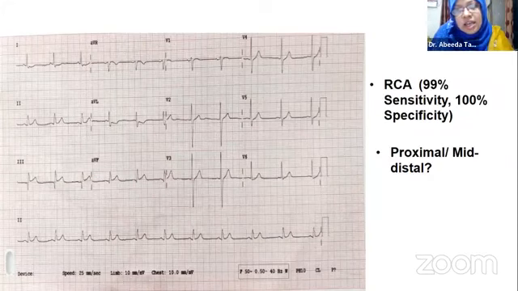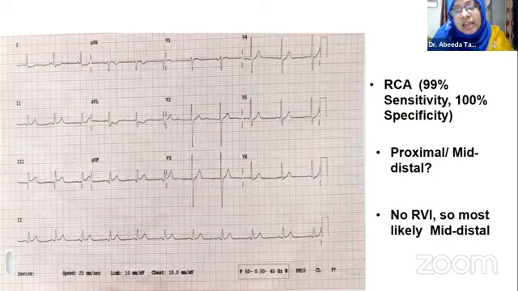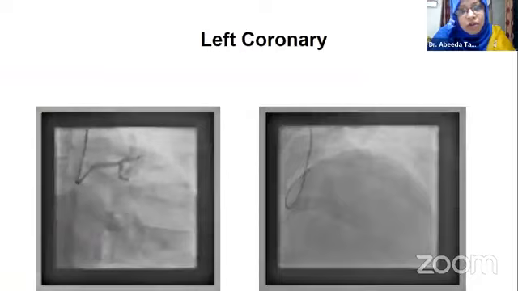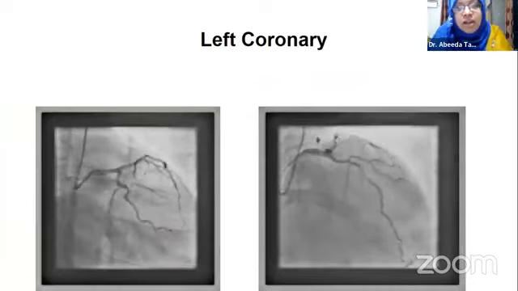And if we ask whether the proximal, mid or distal RCA is involved in this case, as there is no right ventricular infarction, most likely the distal part of the RCA, after the proximal part, is involved. So let's see what we found in the coronary angiogram.